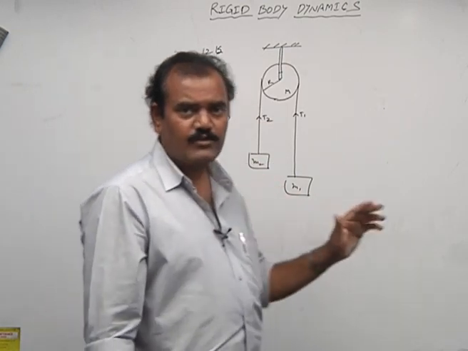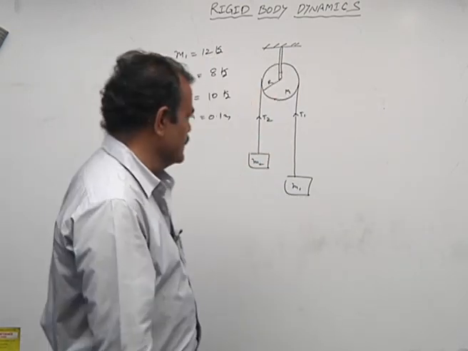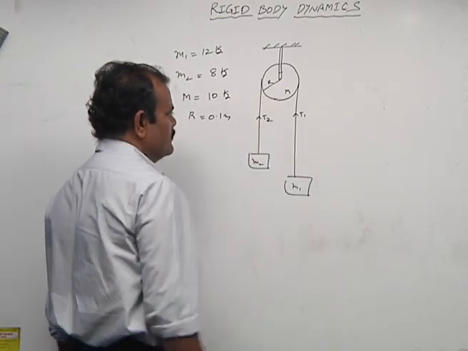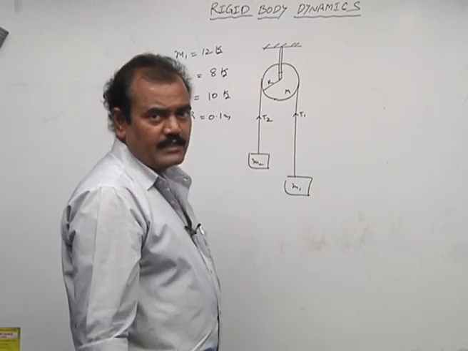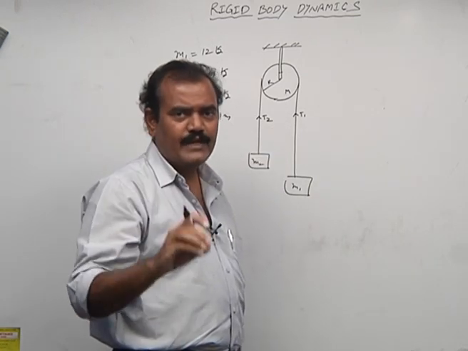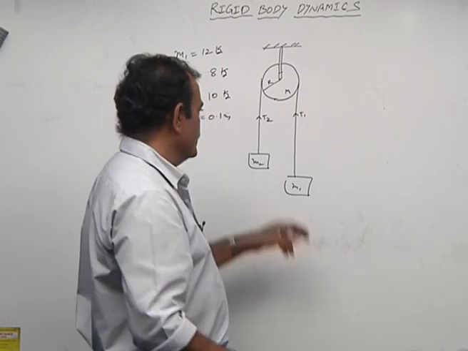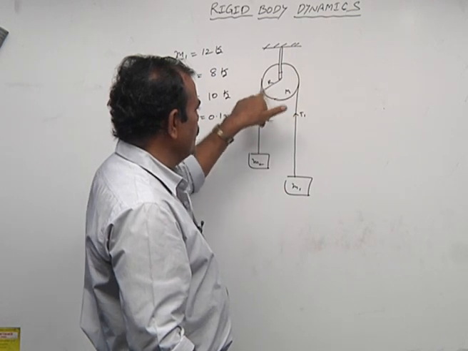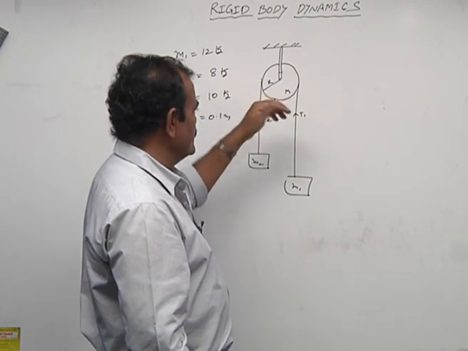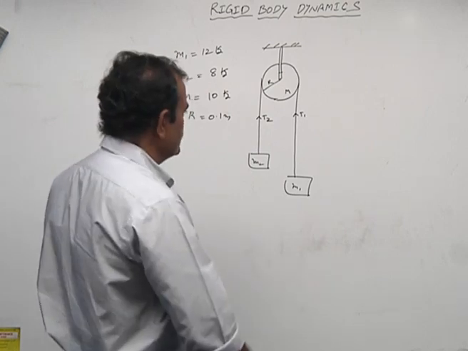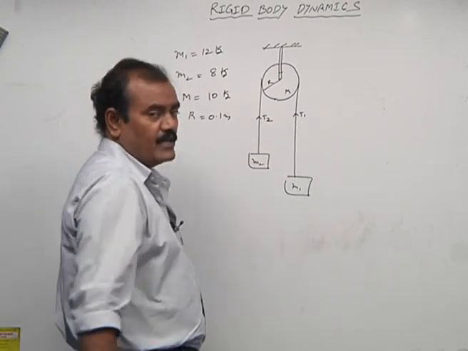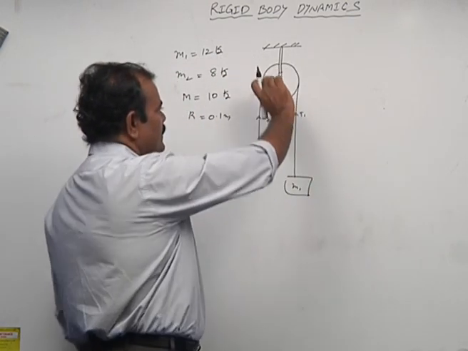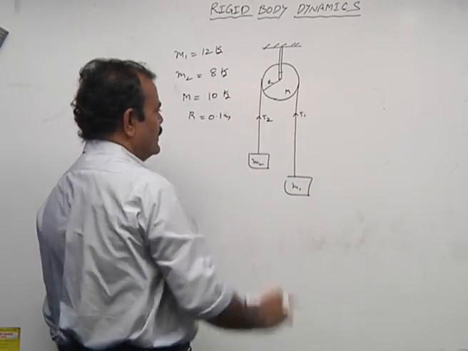But here the mass of the pulley is considered, so definitely there will be different values, T1 and T2, and the difference of these two tensions is the force which rotates this pulley, either clockwise or anti-clockwise. If these tensions were the same, there would be no need for the pulley to rotate. So that's why here the tensions are different.